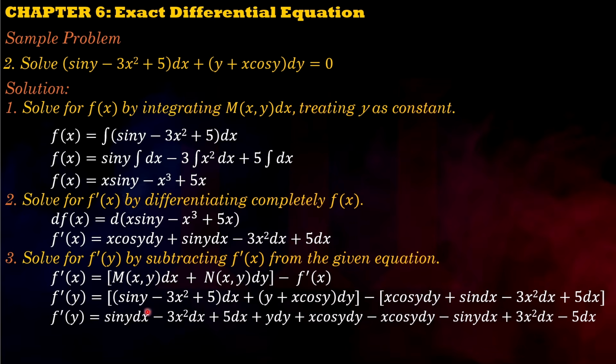So let's check those similar terms. We could cancel out sin y dx here, the 3x squared here, the 5 dx here, the x cosine y dy here. So we will come up with y dy only. Our f prime of y is simply y dy.